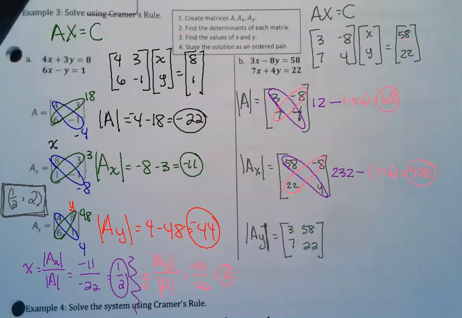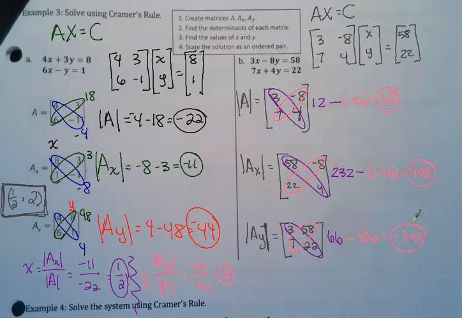So start with your major diagonal. 3 times 22 is 66. Our minor diagonal is 7 times 58, so it's minus 406. So we've got 66 minus 406 equals -340.